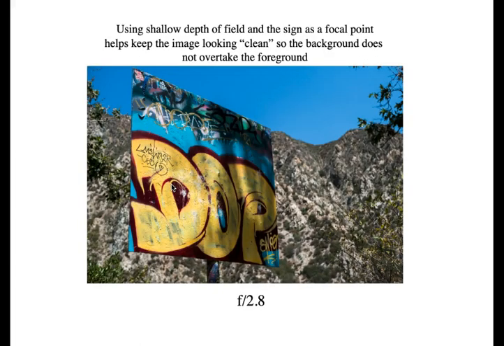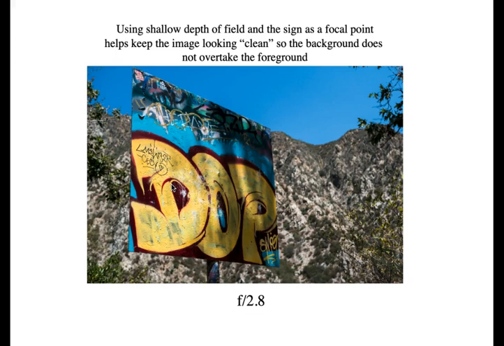Same with this. So when you have backgrounds that compete with your foregrounds, pay attention to how the two compete for attention. So in this photo, shallow depth of field, aperture is set at f2.8, really shallow, focused on that sign.